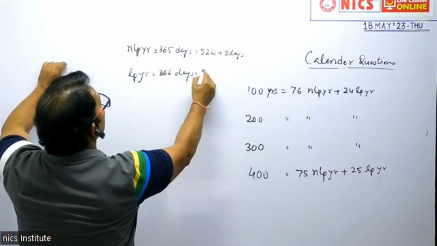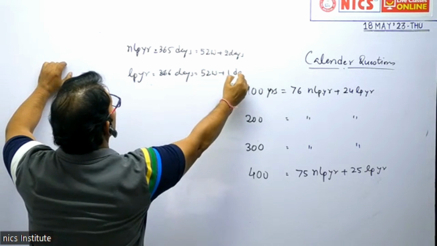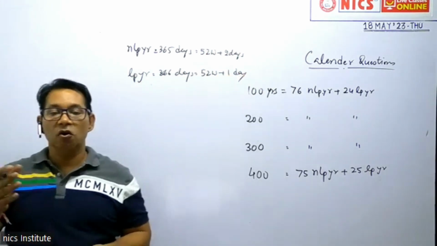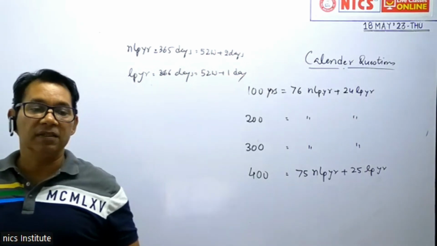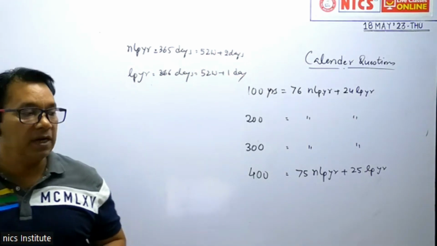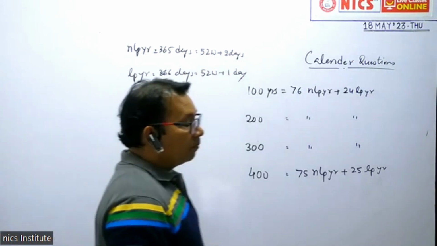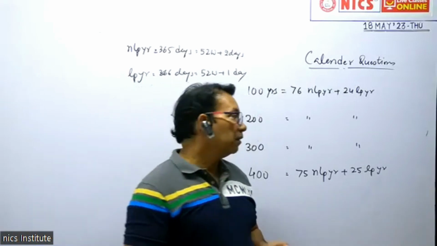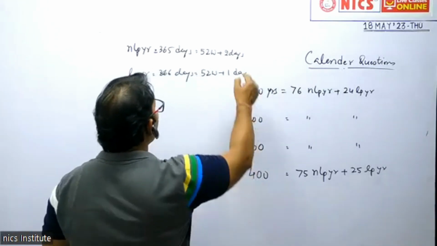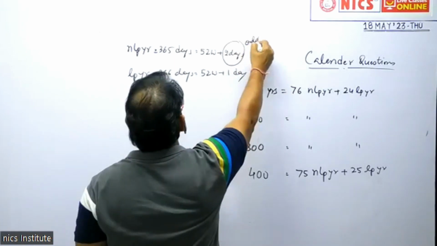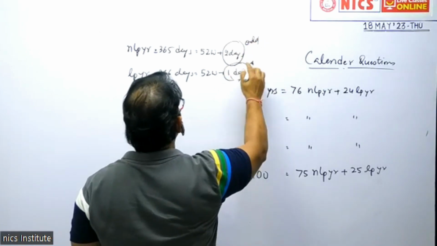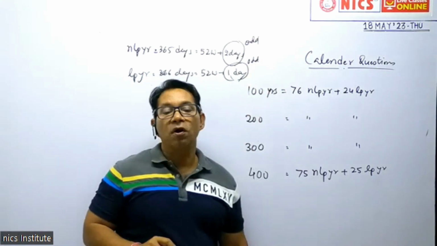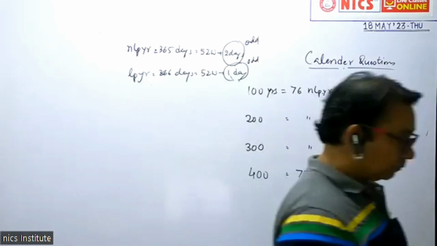And these 1 or 2 days, the days other than the normal weeks, days apart from multiples of 7, are called odd days. So we have 2 odd days in a leap year, and in a non-leap year, we have only 1 odd day. That is the concept of odd days. So note it down.